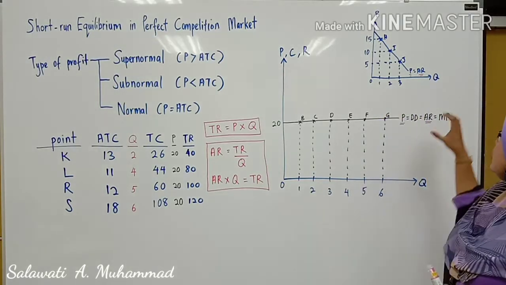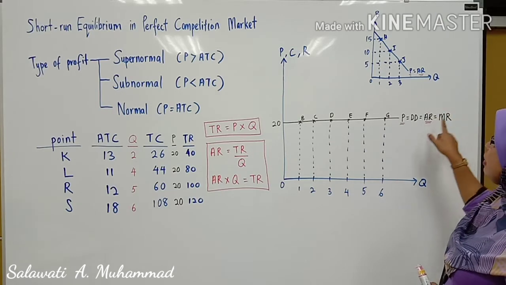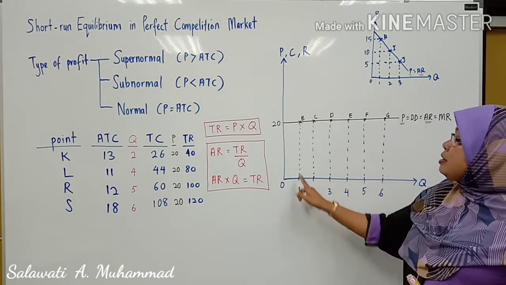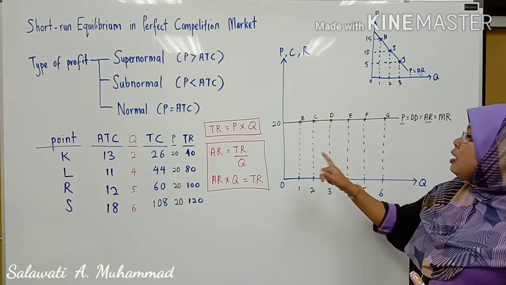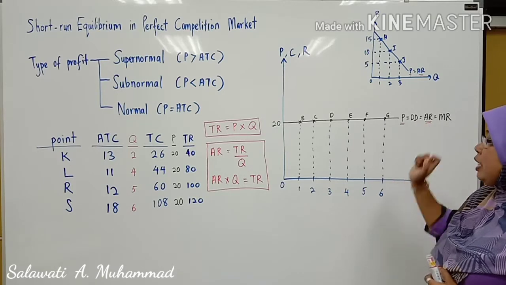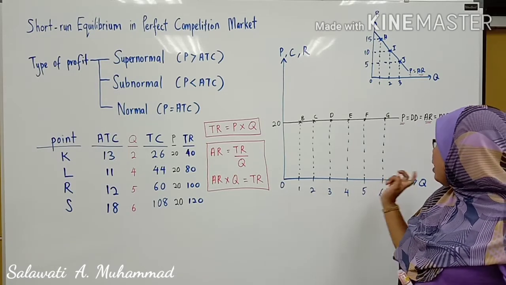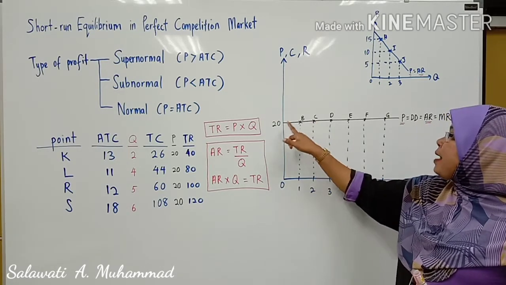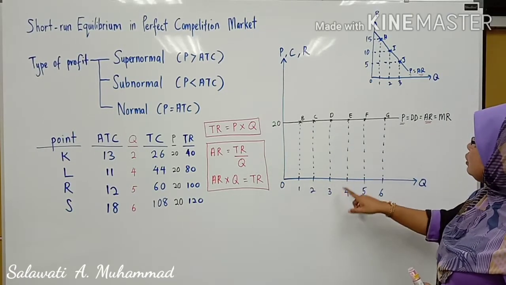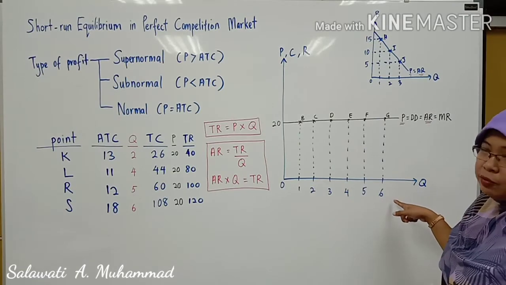Okay. Now this is AR. It's 20. When quantity is 1, AR is 20. Price is also 20. It's the same amount. Okay. When quantity is 2, the price is also 20, AR is also 20. Also the same with the rest of the quantities.